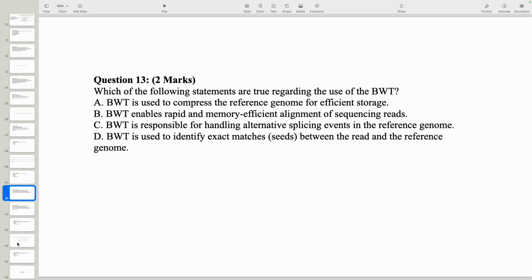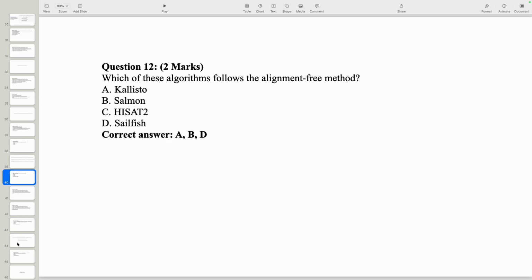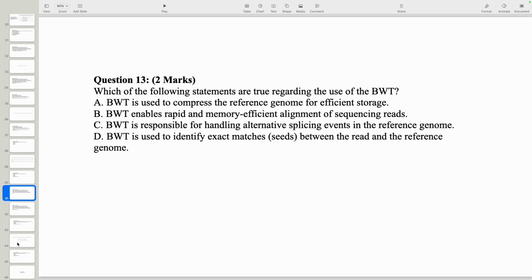We'll move to our next question. Which of the following statements are true regarding the use of BWT, Burrows-Wheeler transform? So we have already studied the Burrows-Wheeler transform in the previous lectures, where we did the alignment for our whole genome sequencing. Please go through this question and try to answer it.